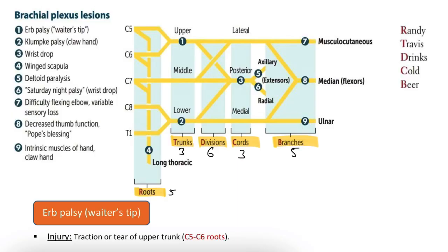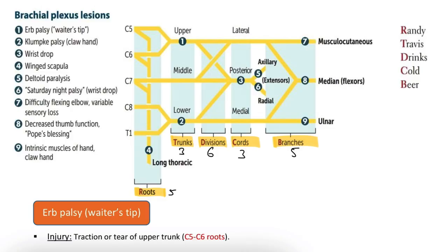Okay, if any problem happens in these roots, trunks, divisions, cords and branches, then we can see brachial plexus lesions. Because of that we will get Erb's palsy or Waiter's tip, Klumpke's palsy, claw hand, wrist drop, winged scapula, deltoid paralysis, Saturday night palsy, difficulty with elbow flexion, and intrinsic muscle problems.